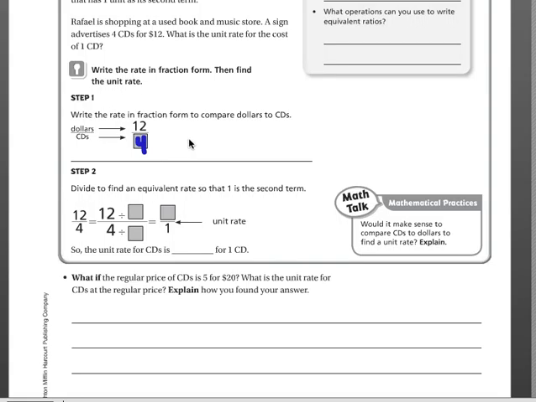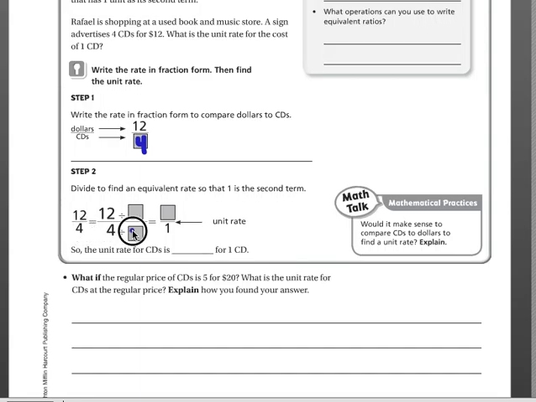Now I need to find the unit rate. And remember, the unit rate is just what it would cost for one unit. So I need to take 12 over 4 and get it to where my unit on the bottom is 1. That way I know exactly how much it's going to cost. So what could I divide 4 by to get to 1?